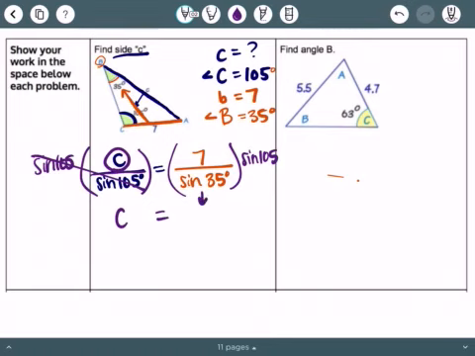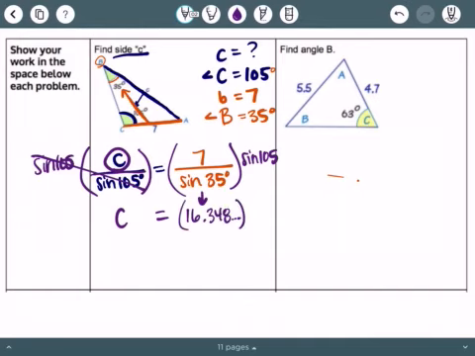I'm going to do this part in my calculator first, 7 divided by sine 35. And when I do that, I'm going to get 16.348, and that's a decimal.